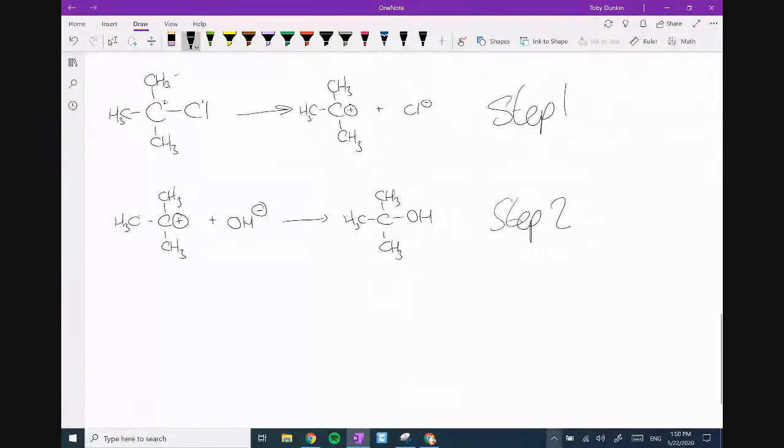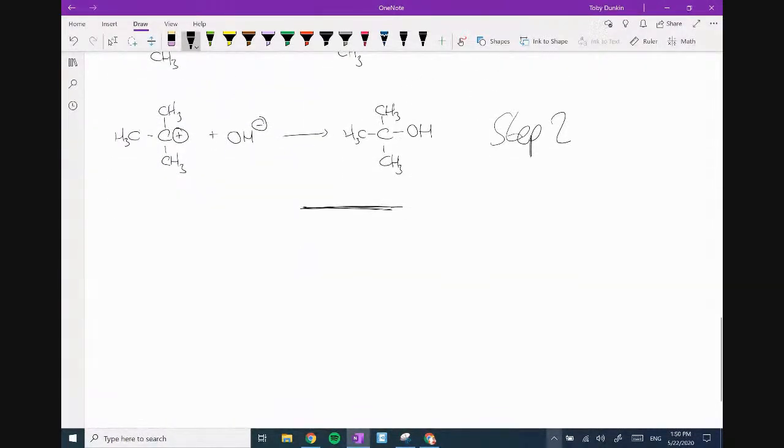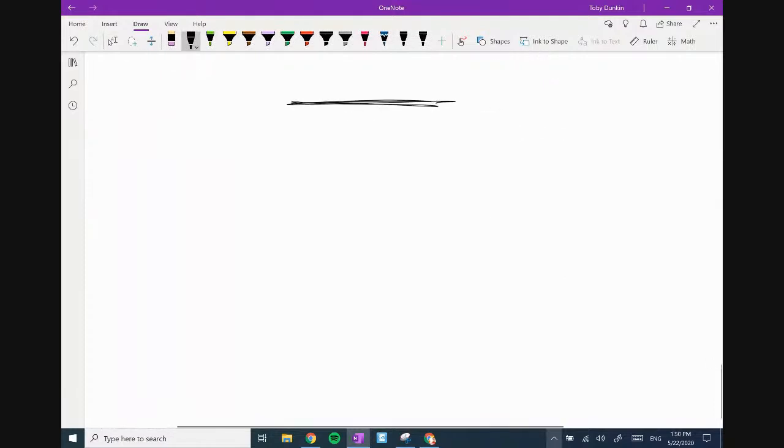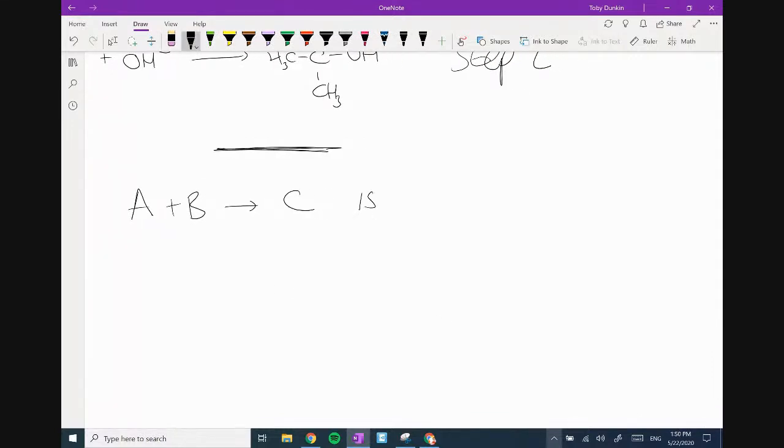What Winkit has noticed is that if I simplify this as A plus B goes to C, compared to, let's do a versus game, A plus B minus goes to C, which one of those 2 reactions is going to be fast? The answer is the latter.